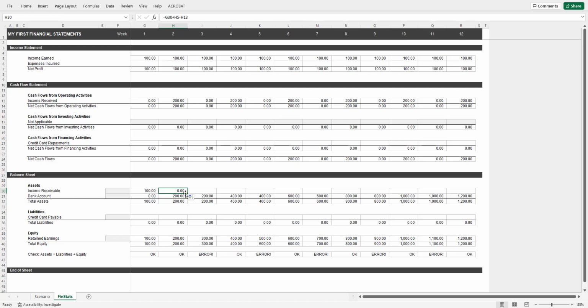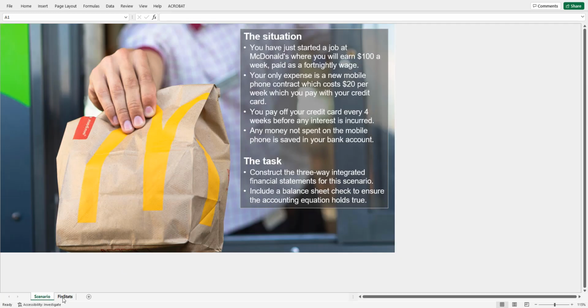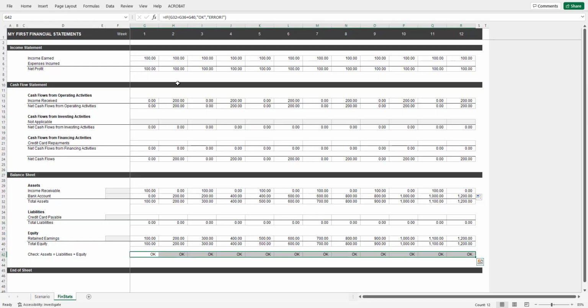And now again, if I copy that across, we will see the pattern that every 2 weeks we're building up something owed to us, and it gets extinguished as we get paid. We're owed some money and then we get paid, and so on and so on. And our balance sheet is back in balance, which gives us some confidence that, at least for this first dot point, we've captured all the elements.